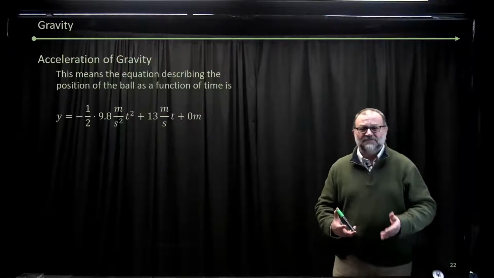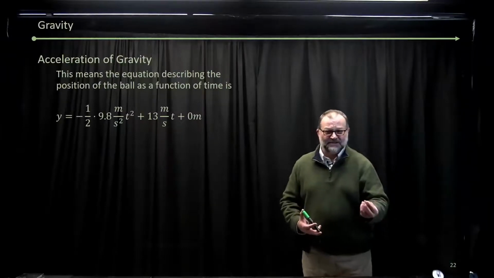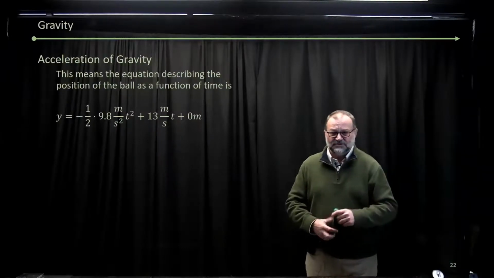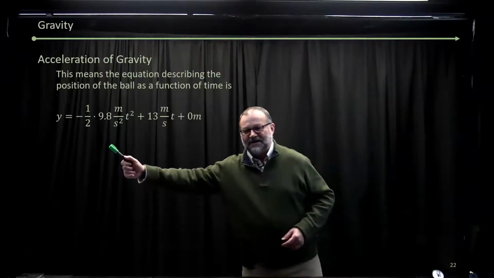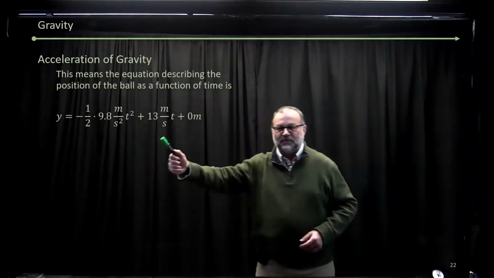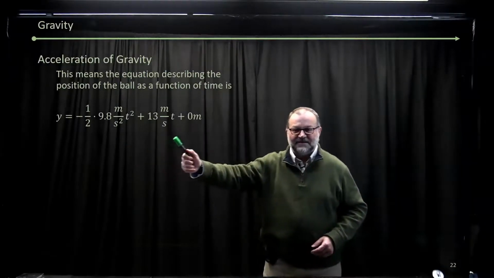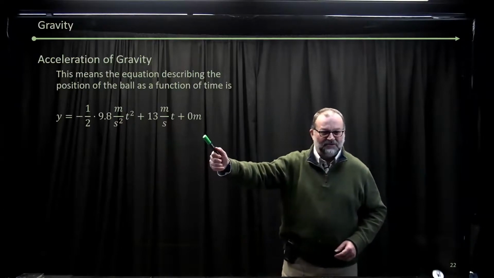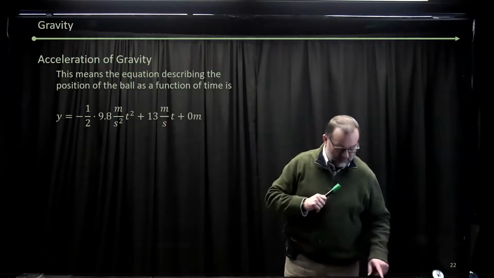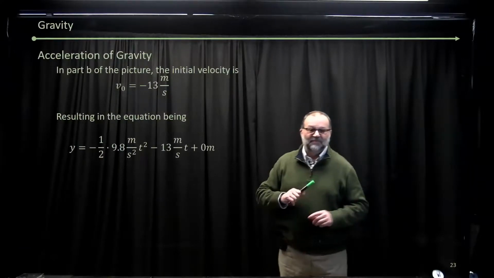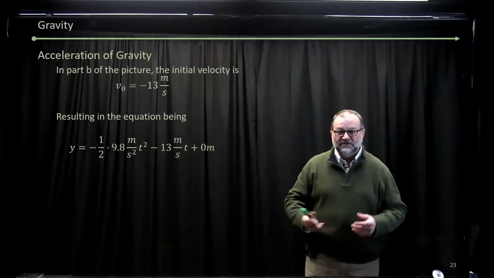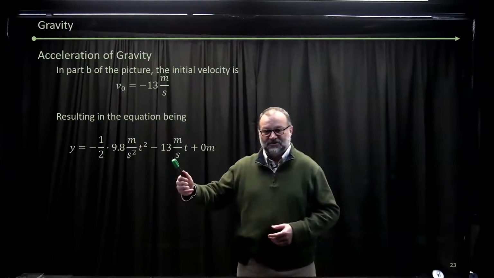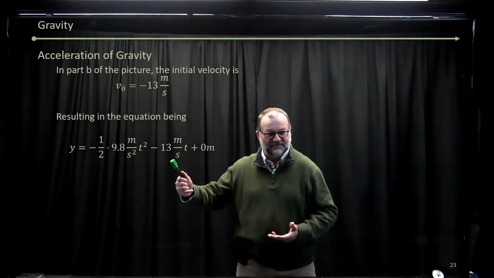So for the equation for where this rock is that the guy is throwing, you go to the equation we had before and stick in minus 9.8 as the acceleration, 13 meters per second as the initial velocity, and 0 as y naught, the initial displacement. In part B of the picture, it's very similar. The only change is to the initial velocity: minus 13 meters per second instead of plus 13 meters per second.